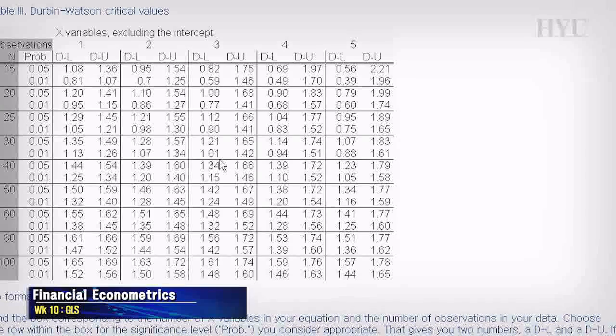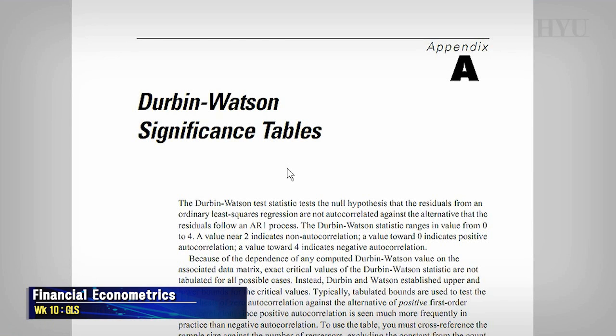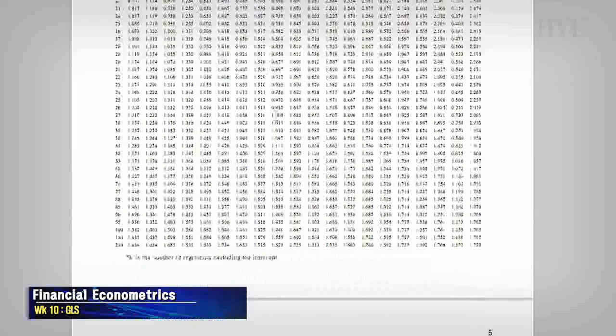This one, no, I don't think this is right. Critical values of the Durbin-Watson statistic.